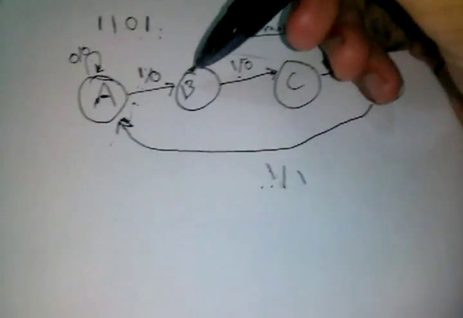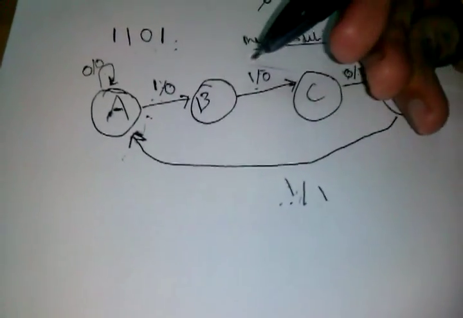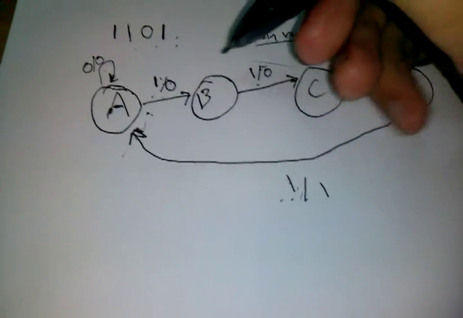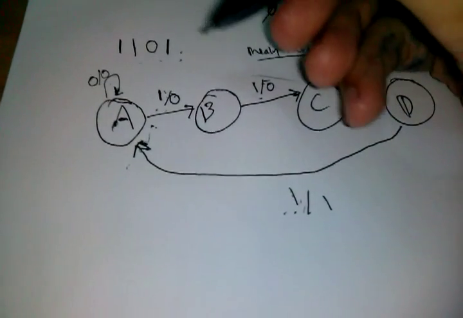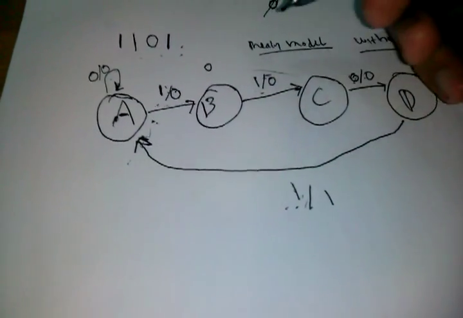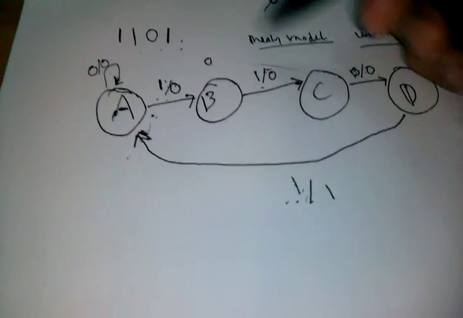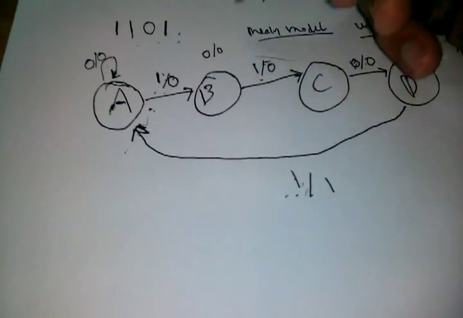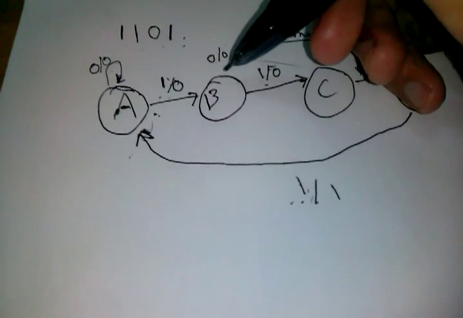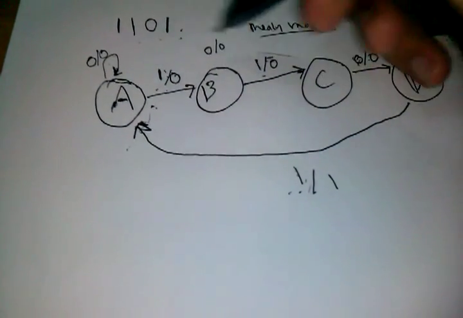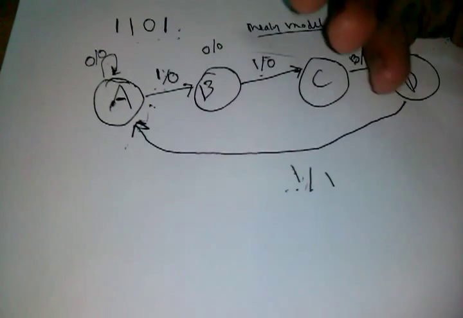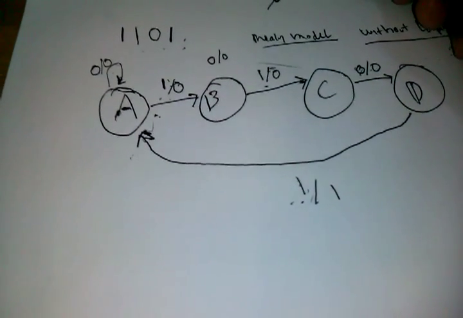For instance, if at B we get 0, the output will be 0, so this one is 0 over 0.